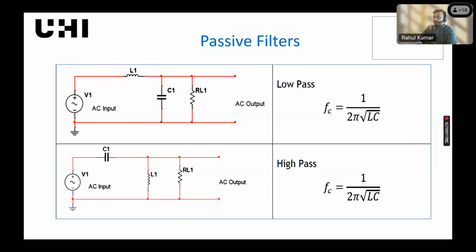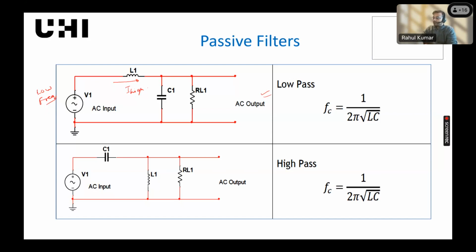So at low frequency, we will have high current passing through this inductor, because inductors allow lower frequencies to pass easily, which may not pass through this capacitor.